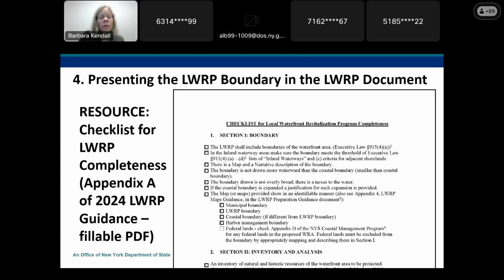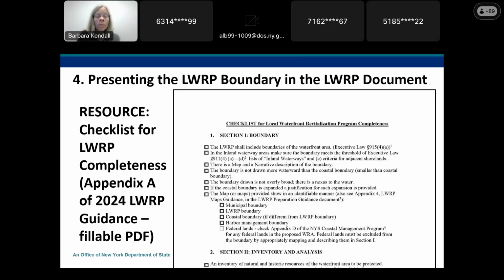We recommend that you use this to make sure that you have all the requirements of the LWRP. This was originally something we used internally, and we added the legislative requirements, and we decided it would be good for all of you to use as well.